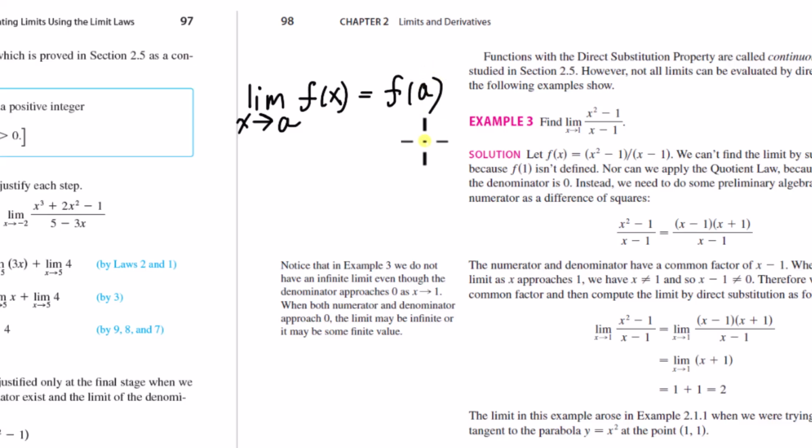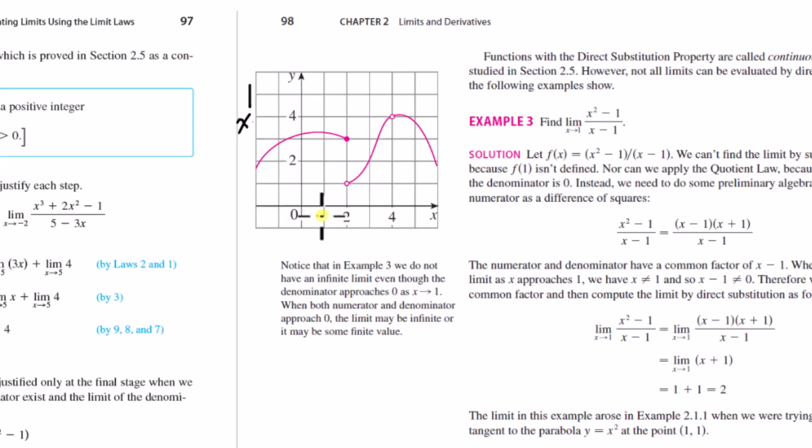Because think about some of the graphical limit problems that we worked. Sometimes we were just given, like, the limit as x approaches 5 of f of x is equal to what? So just some point on the curve that didn't have any discontinuity or a hole or anything. It was just a random point on the general curve, like this.